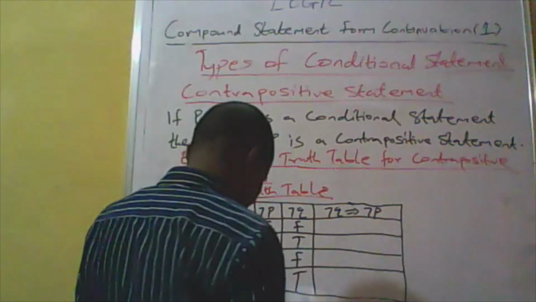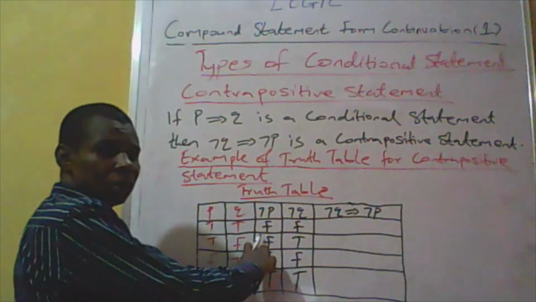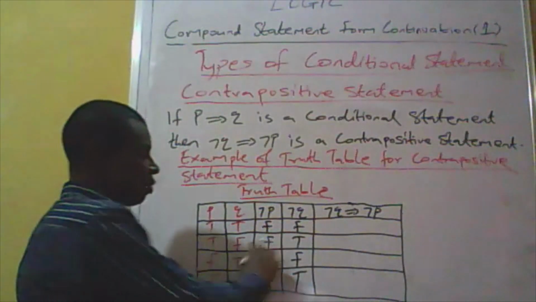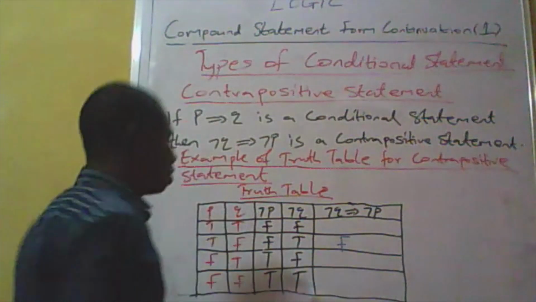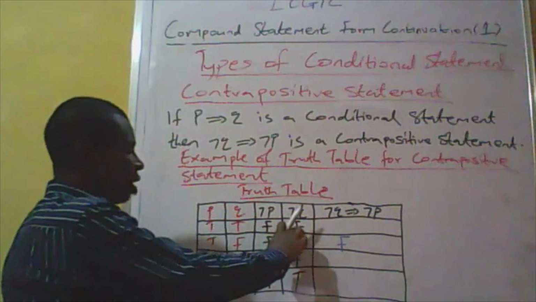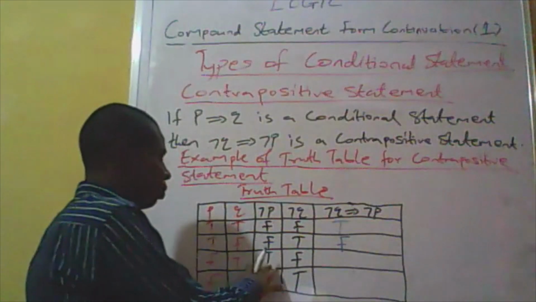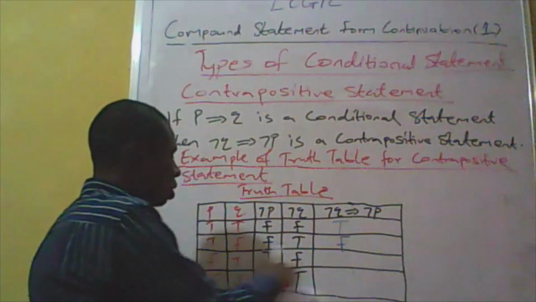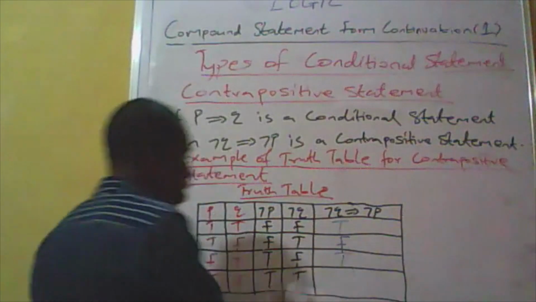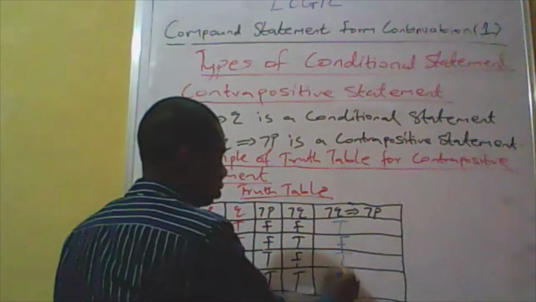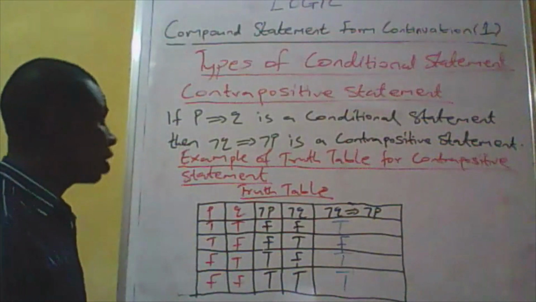So here is T implies F, so it is false. Here we have F implies F, which will give us T. Here we have F implies T, it will give us T. Here we have T implies T, which gives us T. So this is the truth table for the contrapositive statement.